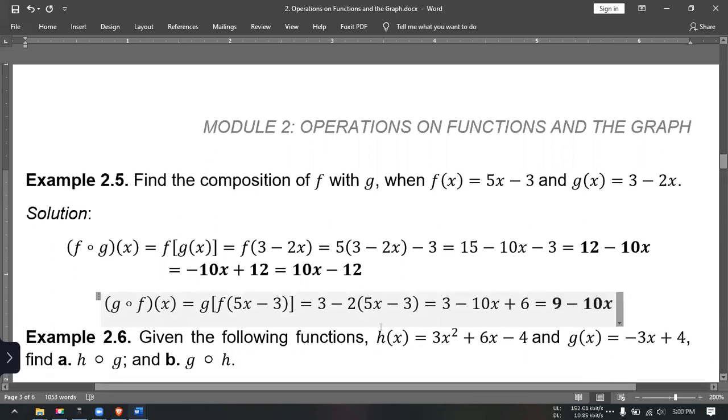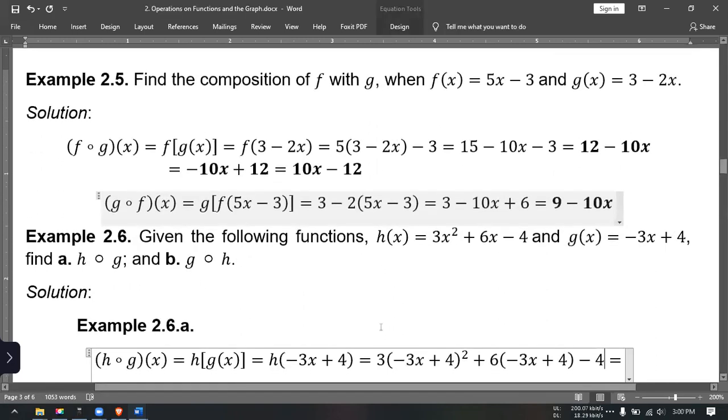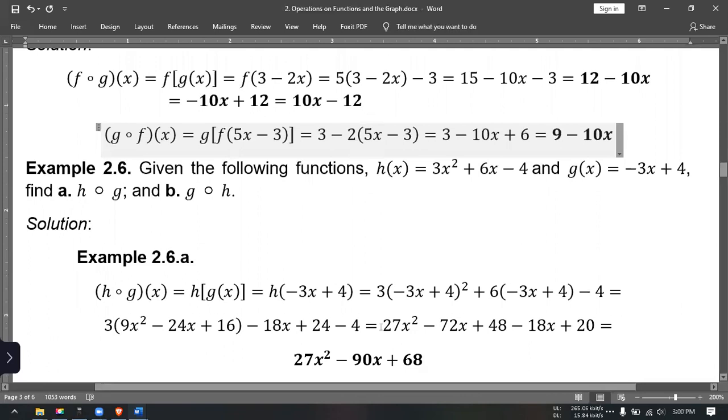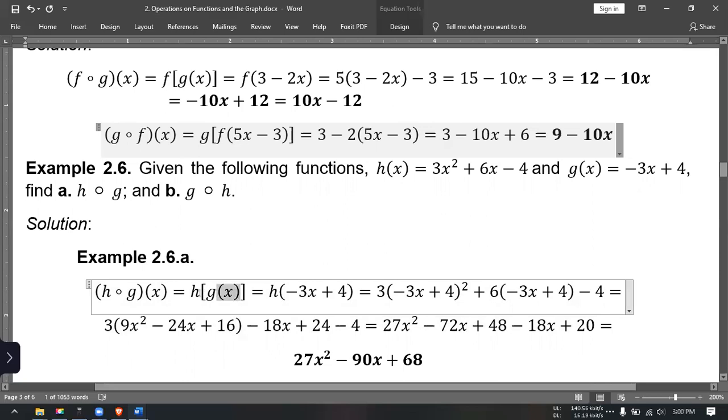Given the functions h and g, find h circle g and g circle h. Let's try the first one. So h of g of x, we'll be using the function g to replace every x variable in h.